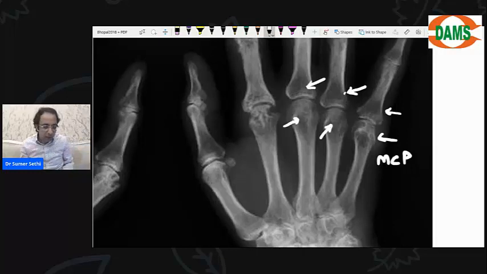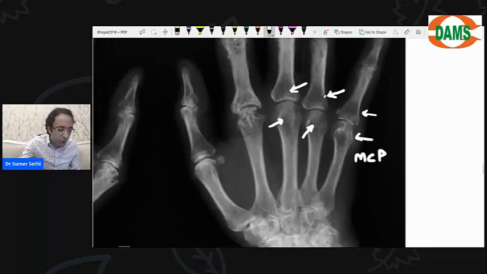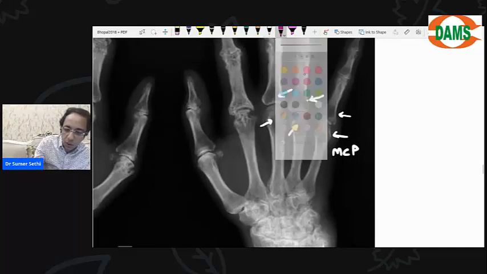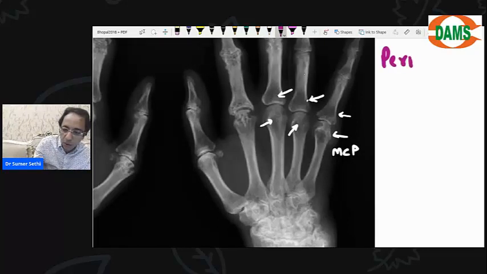What do you appreciate in the X-ray that I'm trying to show? There is periarticular osteoporosis. Are you clear with this or not? Are you making a concept better or not?